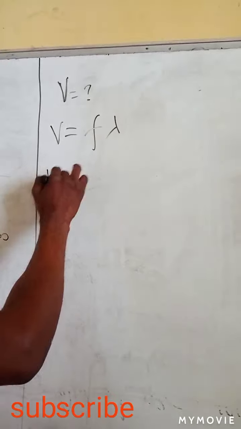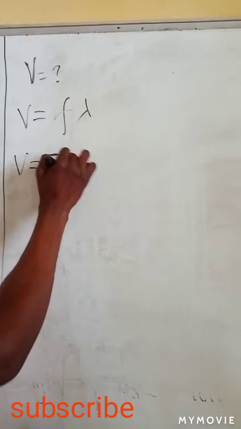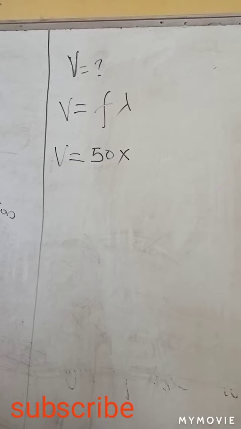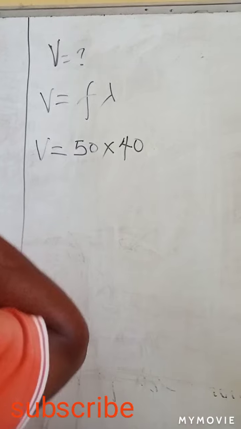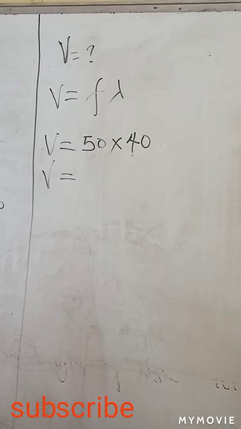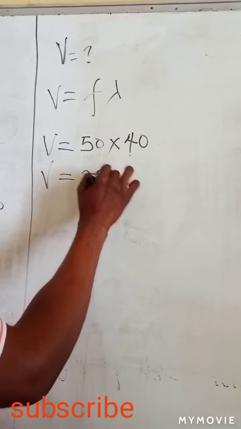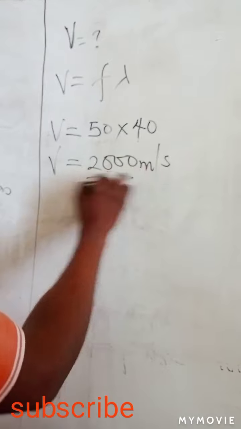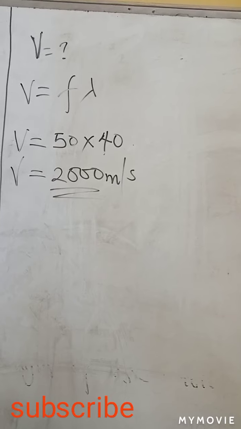So our V will be our frequency, which is 50, multiplied by our wavelength, which is 40. 50 times 40, 4 times 5 will give us 20. The addition of the two zeros will give us what? 2,000 meters per second. That's the final answer.